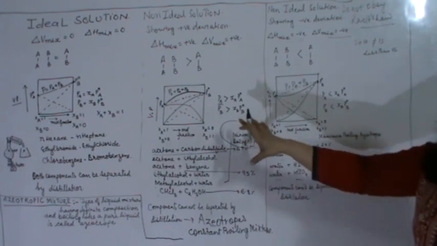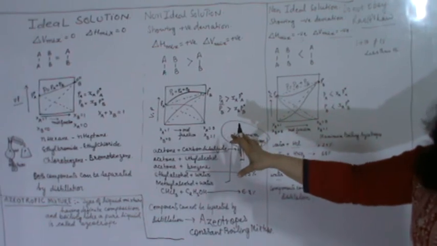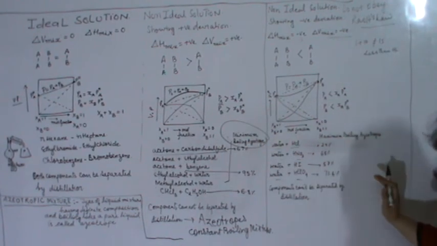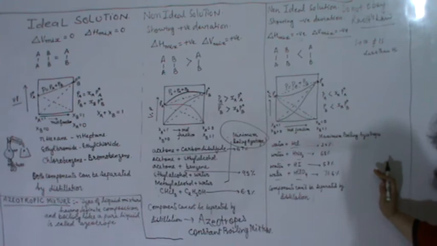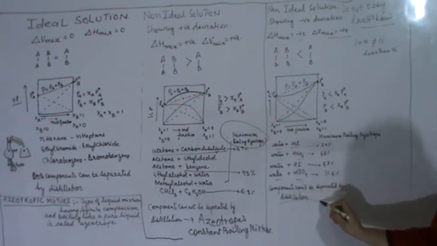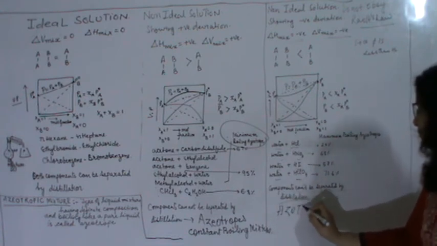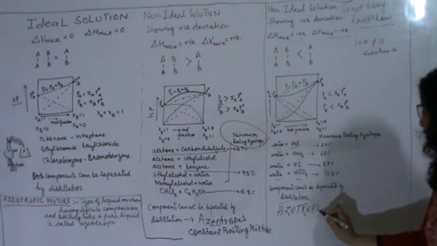Just like the solutions showing positive deviation, they cannot be separated by distillation. Similarly, solutions showing negative deviation cannot be separated by distillation because they also make azeotropes. What are azeotropes?